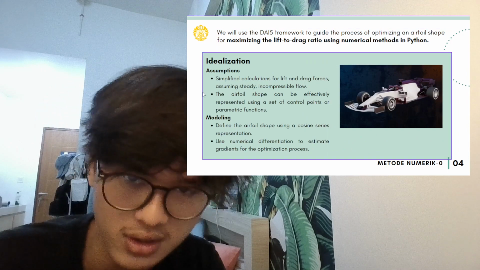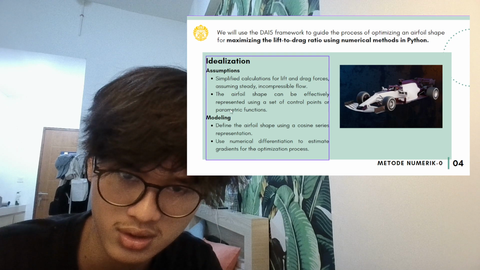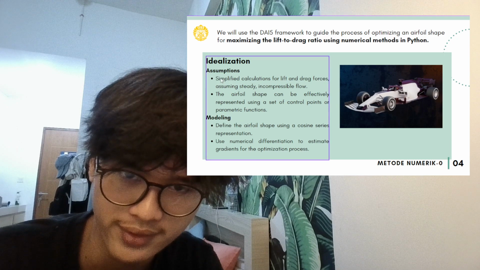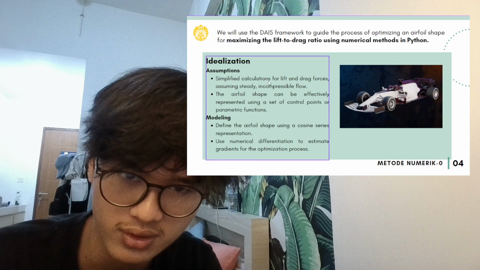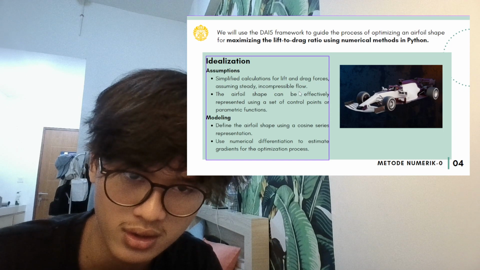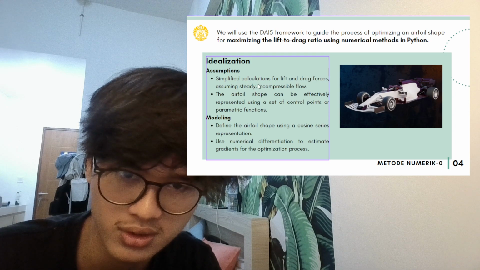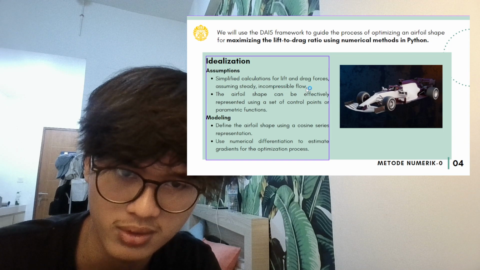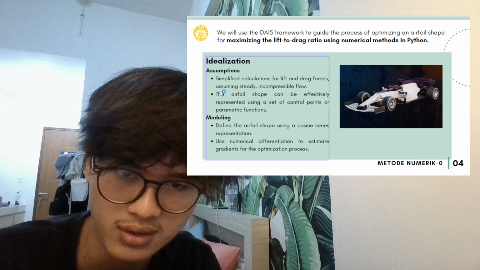What are the idealizations, what are the assumptions, and how can we model this? Simplified calculations for lift and drag forces, assuming steady and incompressible flow. I may be wrong with this. It should be compressible, given that we're talking about gas particles instead of liquids.